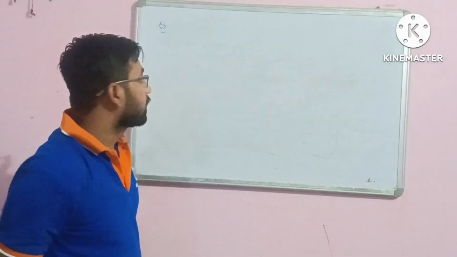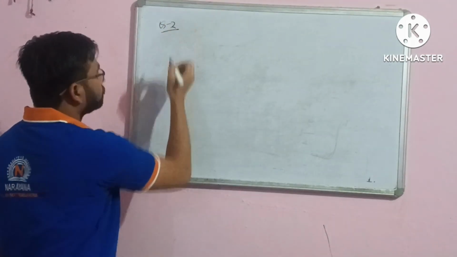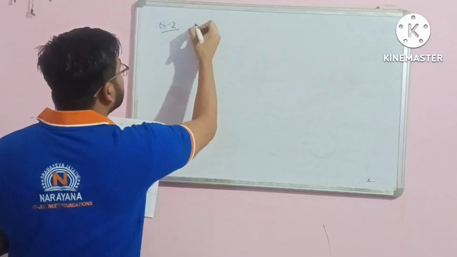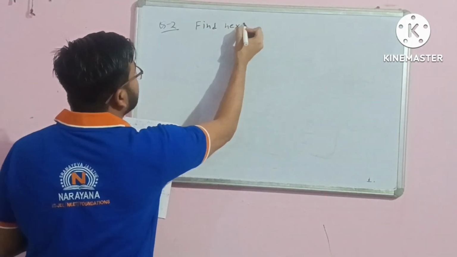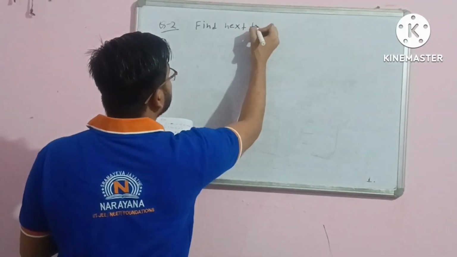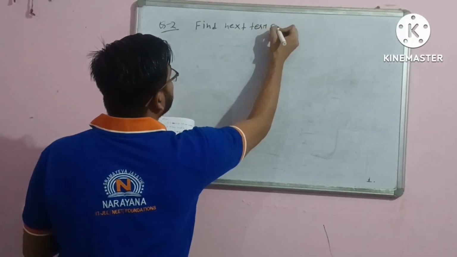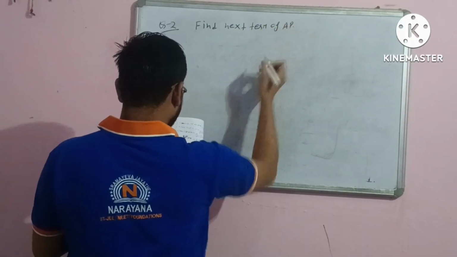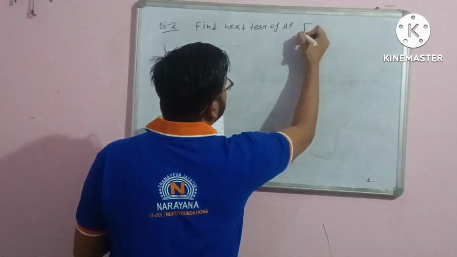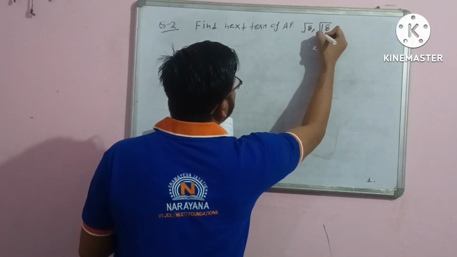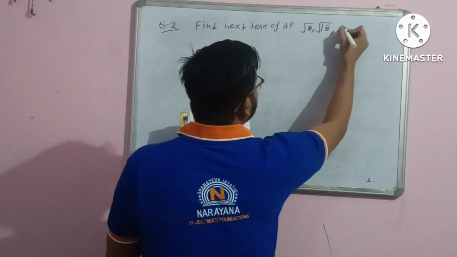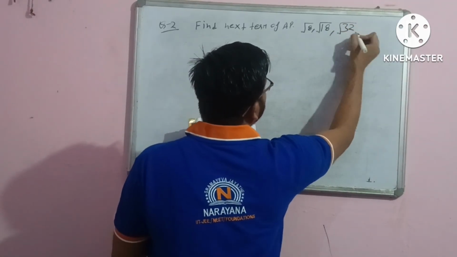Now we will solve the second example. Find the next term of this AP: root 8, root 18, root 32.